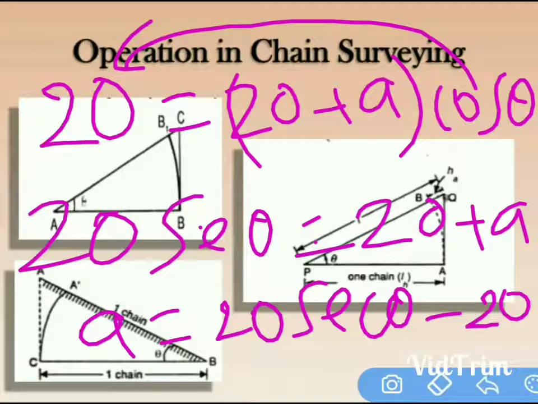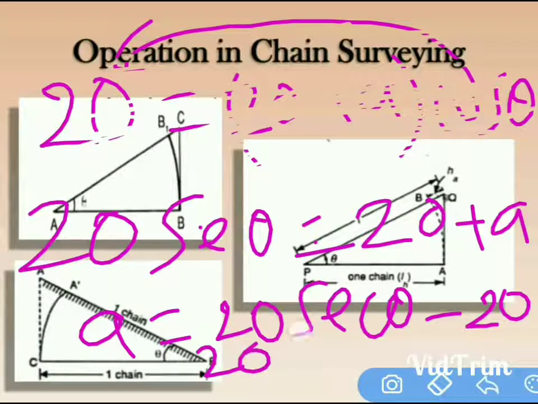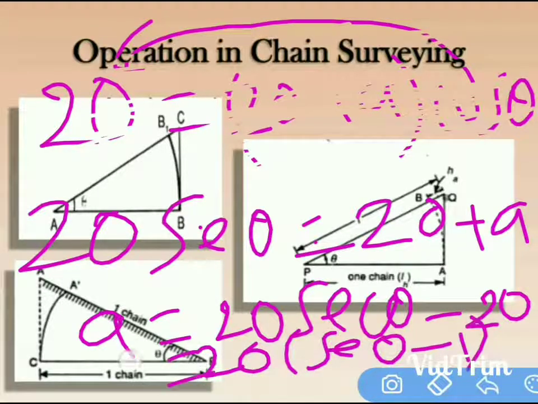Then A is 20 into sec theta minus 1. If we take A, then this is known as the hypotenuse allowance for a 20 meter chain.